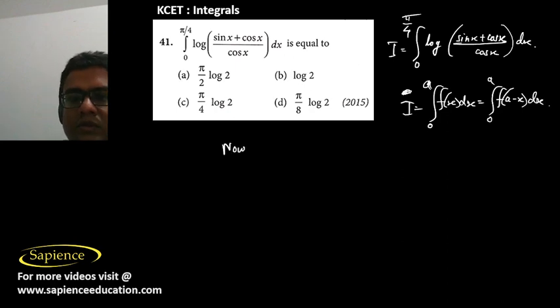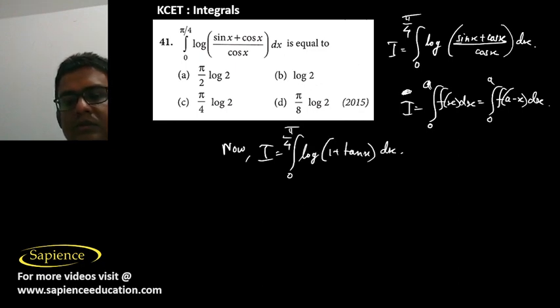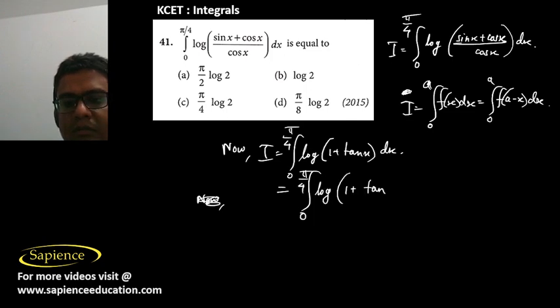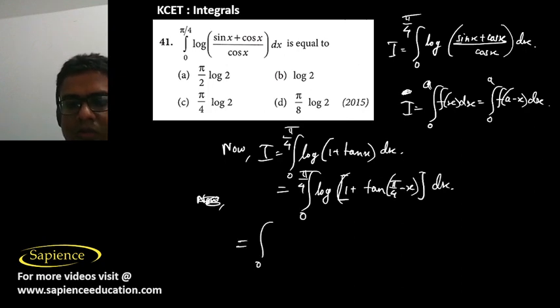Now the integral I can actually be written as 0 to pi by 4 of log of 1 plus tan x dx. So now this integral I can be written as 0 to pi by 4 of log of 1 plus tan of pi by 4 minus x dx.